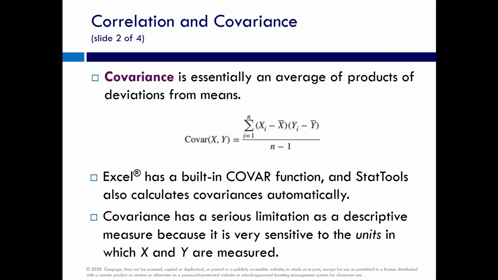Covariance is essentially the average of the products of deviations. So this is the formula. In Excel, we just use the COVAR function, and StatTools also. Covariance has a serious limitation as a descriptive measure because it is very sensitive to the units of the X and Y variables that are being measured.